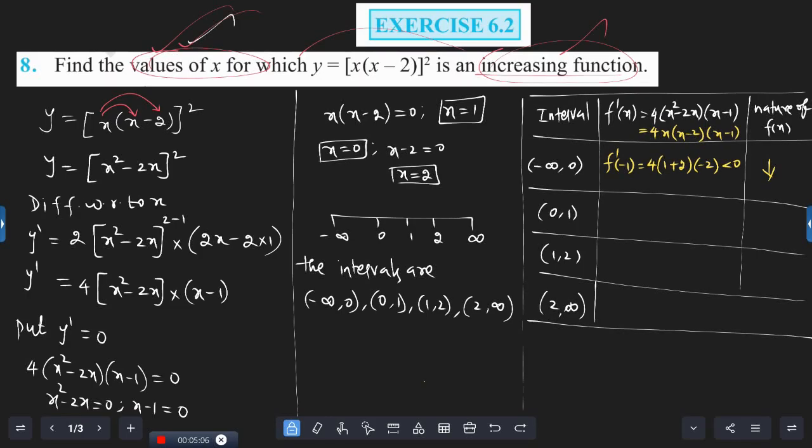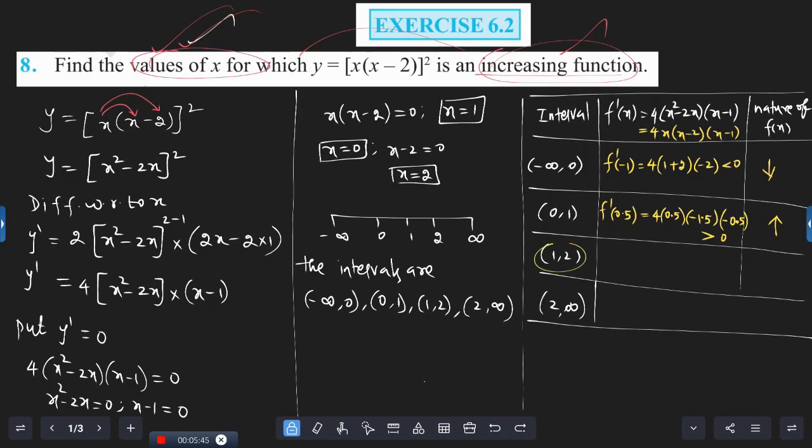So if I am taking 0.5, I am getting 4 into 0.5 minus 2, that is minus 1.5, into 0.5 minus 1, that is minus 0.5 again. So there are 2 minuses, minus into minus is plus, it will be greater than 0. Greater than 0 means increasing. This you have to take as an x value. Means the limit 0 to 1 you have to take as an x value.